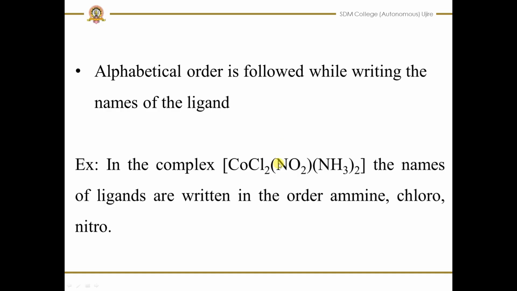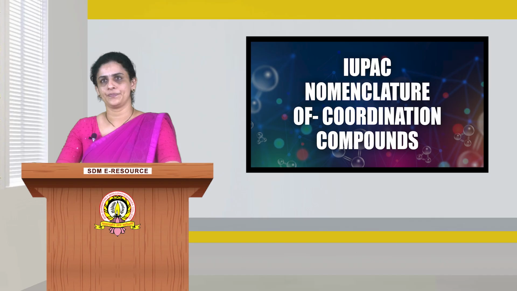For example, in the complex [Co(Cl)2(NO2)(NH3)2], there are three different types of ligands present. In this case, we have to follow alphabetical order. So, the names of the ligands are written in the order ammine, then chloro, and then nitro.